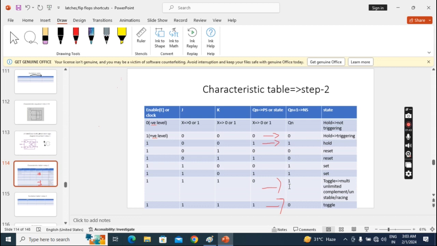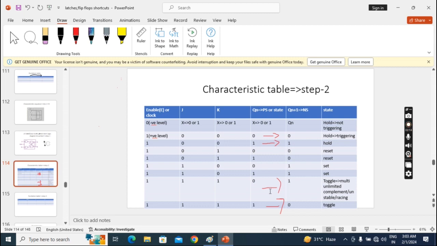When we apply J equal to 1, K equal to 1 and clock equal to 1, this JK latch will toggle continuously. This is called racing. Only this condition is different between SR and JK. Remaining all are the same. The JK came to avoid this invalid condition, because in SR this state is an unused state, so we want to make it useful.